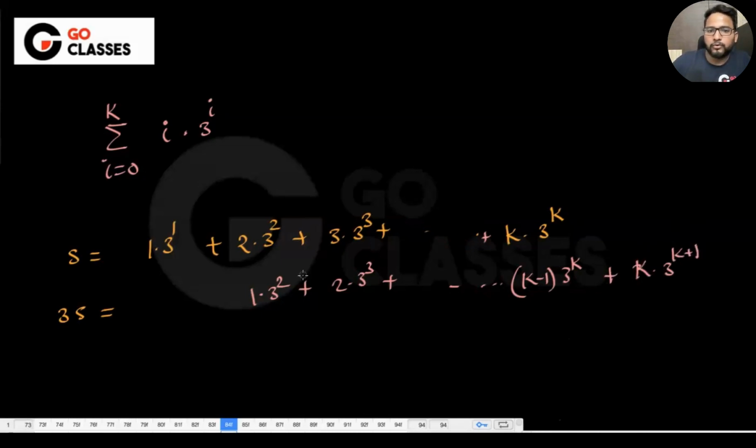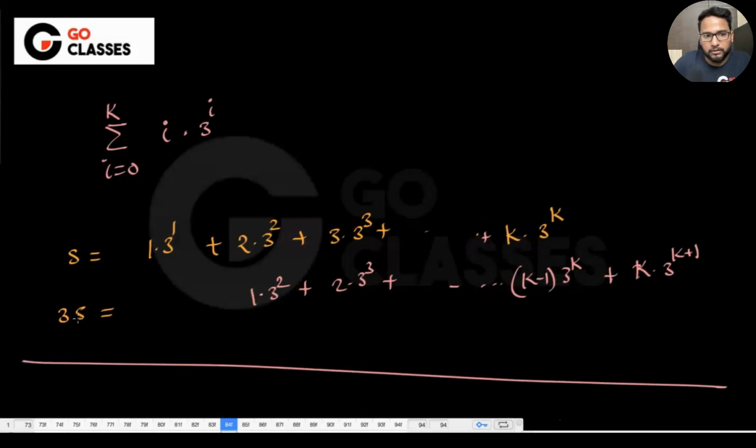Now what you can do, you can subtract one from another. So maybe you can subtract this from this. This is 3s, this is 2s, and you can subtract in the normal way, right? This is minus 2s.